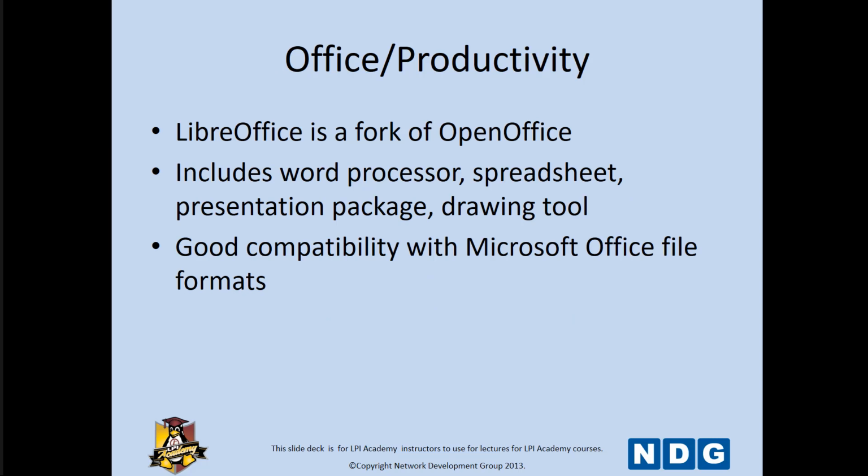We have office or productivity tools like LibreOffice or OpenOffice, a word processor, a spreadsheet processor, a presentation tool, very similar to Microsoft Office, and there is some good compatibility between the two.